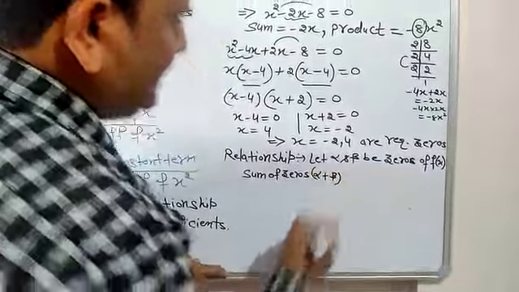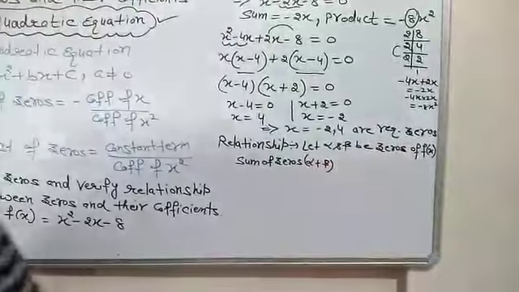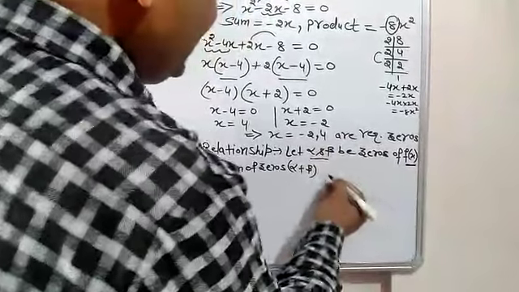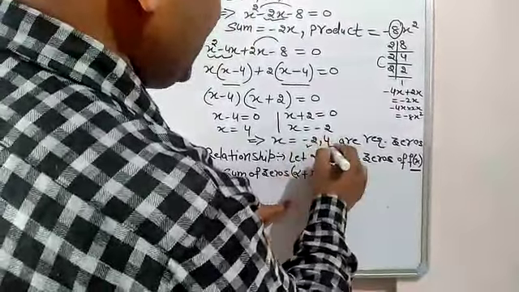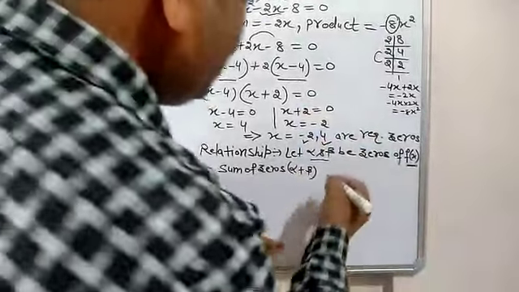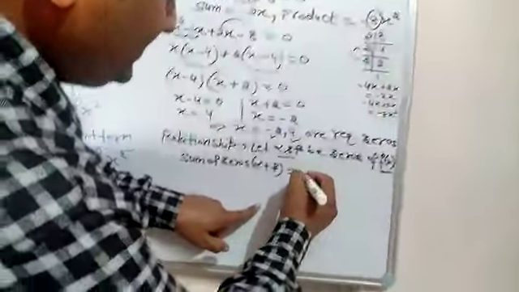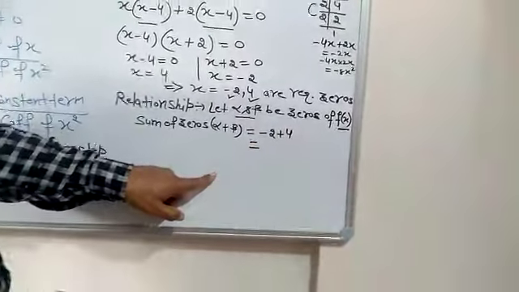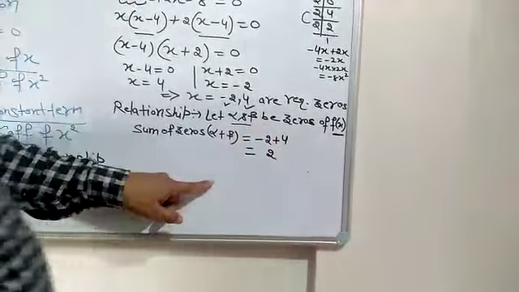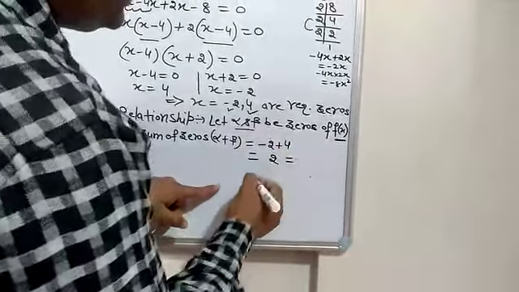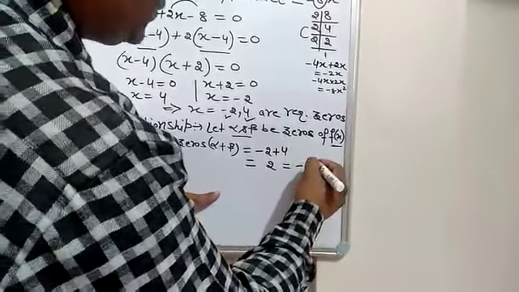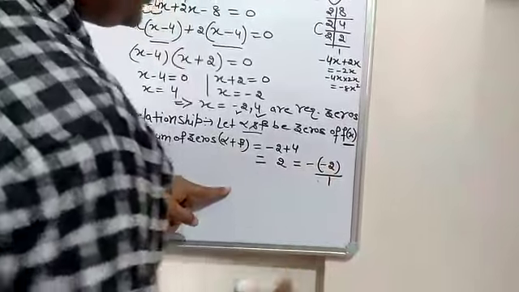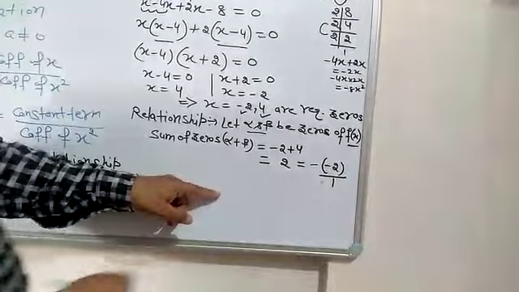If we take alpha and beta as the zeros of f of x, it means alpha is equal to minus 2 and beta is equal to 4, your two zeros. So alpha plus beta is equal to minus 2 plus 4, which is equal to 2. And we can write this 2 as minus into minus 2 upon 1, because minus minus is plus and it does not affect your 2. If we divide 2 by 1, it again does not affect your 2.